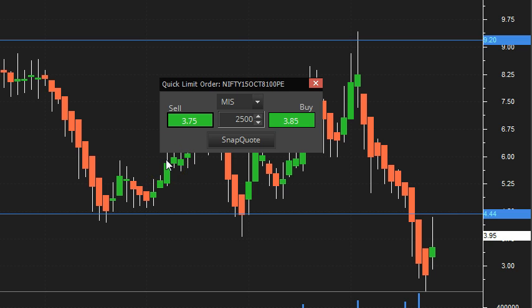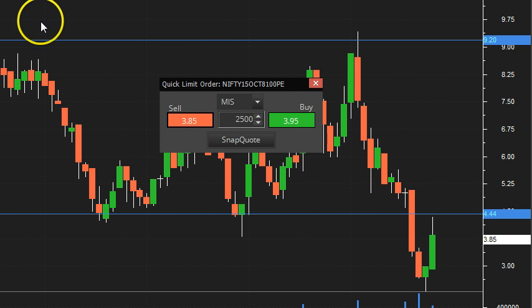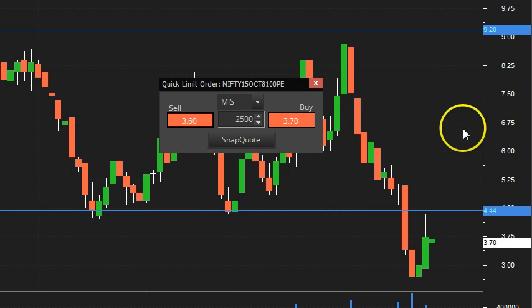I've shorted it at 3.65. It's actually 4 rupees now. I load a normal candle chart, and my expectation is in 3 minutes time.